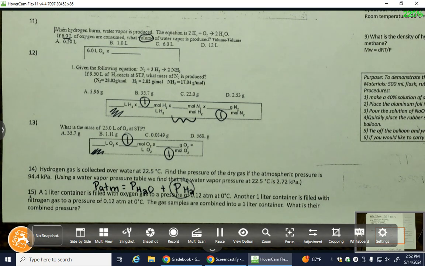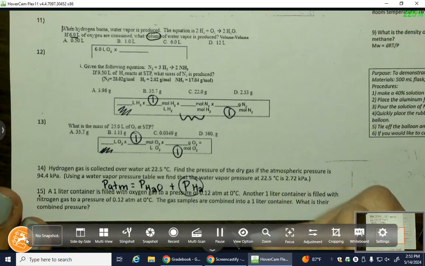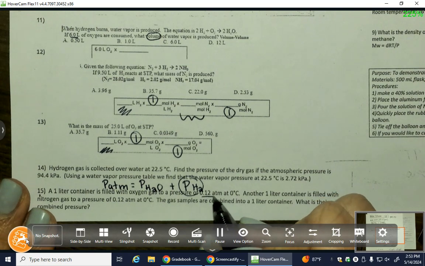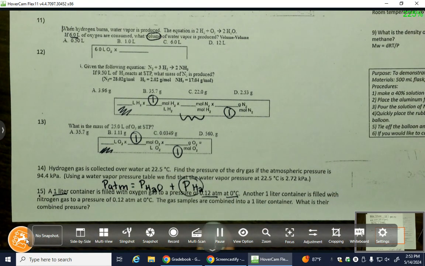All right, and last but not least, number 15, which I thought when I added it to this page was going to be the one where you had to use PV equals nRT to get all their individual pressures. But if you read this question with me very carefully, it says a 1 liter container is filled with oxygen gas to a pressure of 0.12 atm at 0 degrees Celsius.